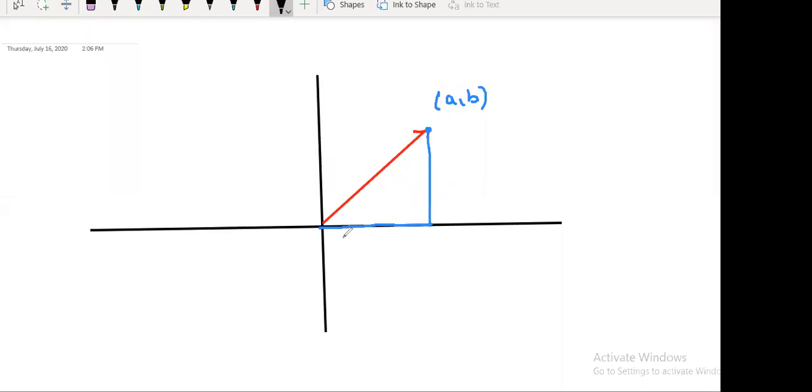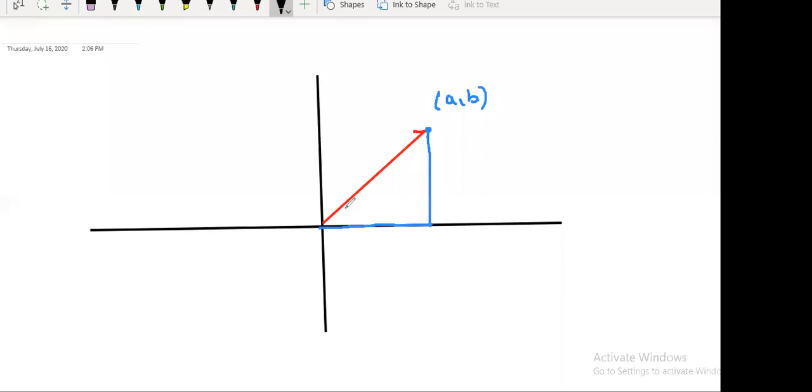If I draw both x and y coordinate and this vector, we will get a right angle triangle with x coordinate as base, y coordinate as perpendicular, and your vector as hypotenuse.